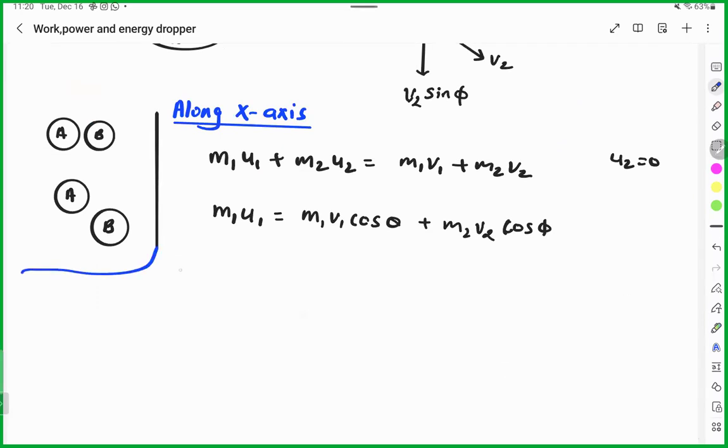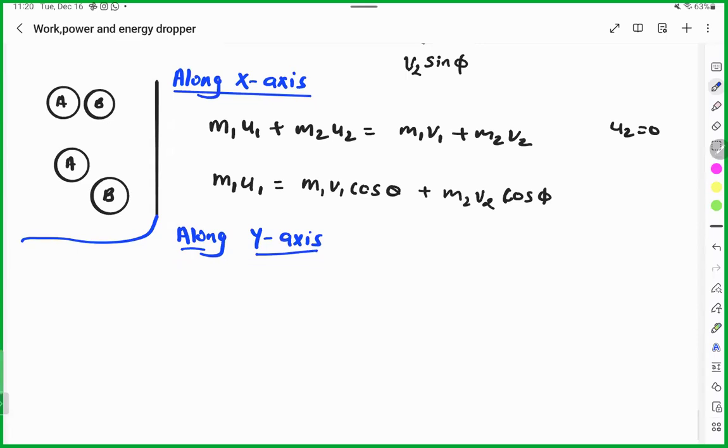Now you do the same thing along the y-axis. It is the same thing as in 1D elastic collision, it's just that you are doing two types, one in the x-axis, another in the y-axis. So what's the problem? Nothing.